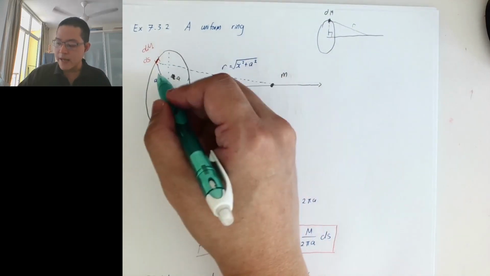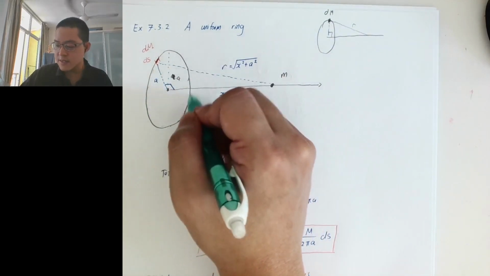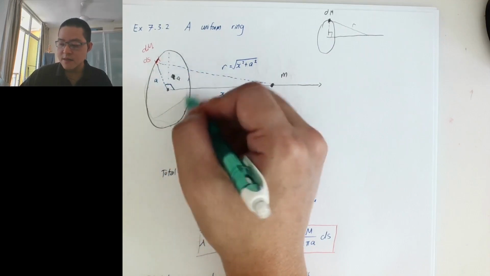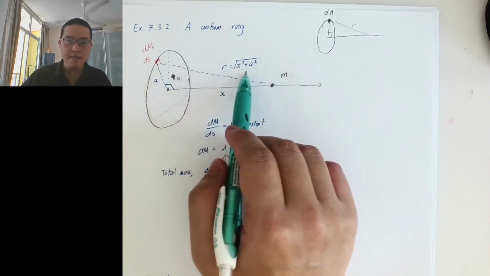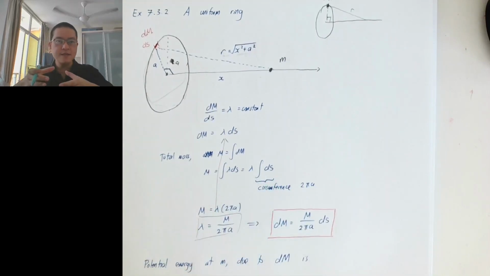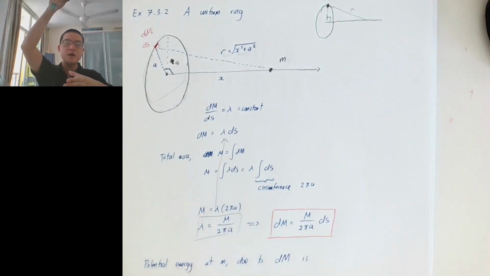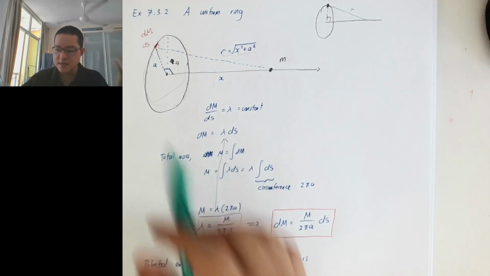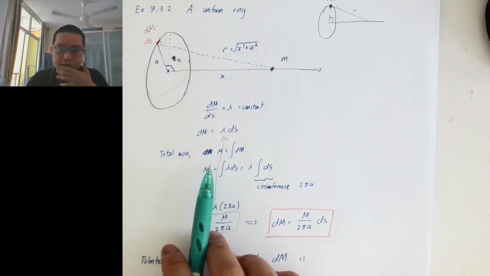So every point on this circle is at a distance of square root of x squared plus a squared away from this M. I have a circle and then I have a point right on top of it. So if you choose any random point on the circle, what is the distance away? It's just a right angle triangle. Pythagoras theorem, nothing special there.